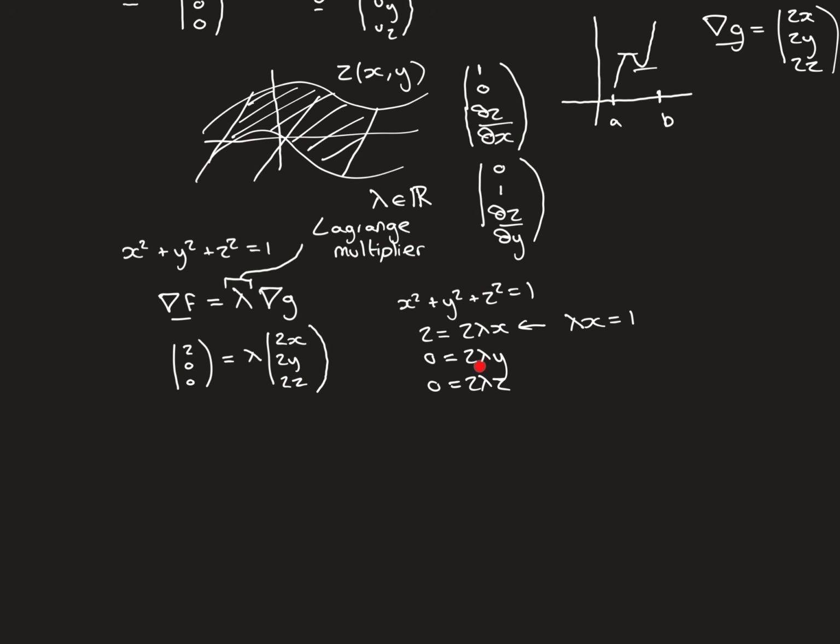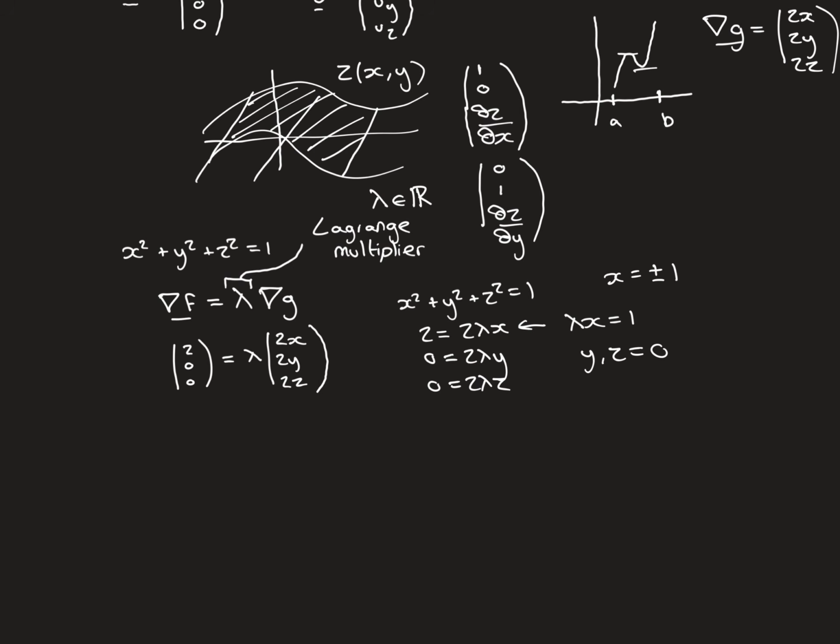So that means that we can divide through by lambda here. In fact, we can cancel the 2 lambda, and we get the conclusion that y and z both must equal 0. Then we can plug that information back into equation number 1 here to get that x squared must equal 1, i.e. that x must equal plus or minus 1.